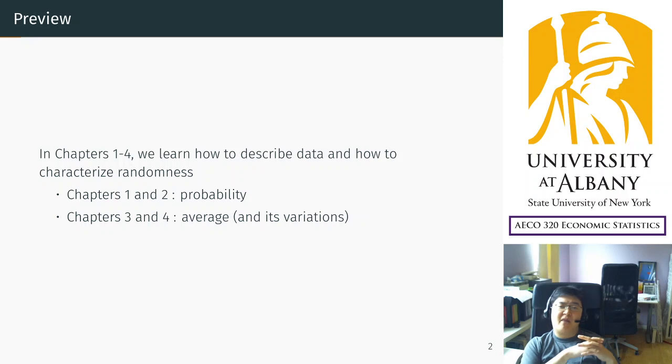That is the main purpose of these four chapters. Just as I said, it's nothing new. I don't need to explain what an average is, but let's just do it more rigorously. It's not different from yours.